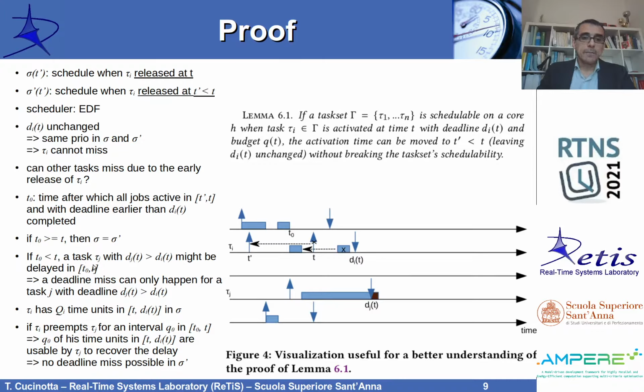A deadline miss can only happen for such a task having a deadline that is beyond the deadline of the task tau I, which is the task we anticipated the release of.